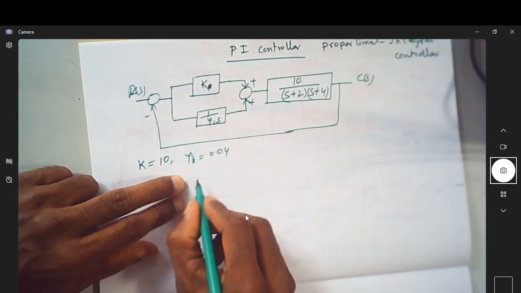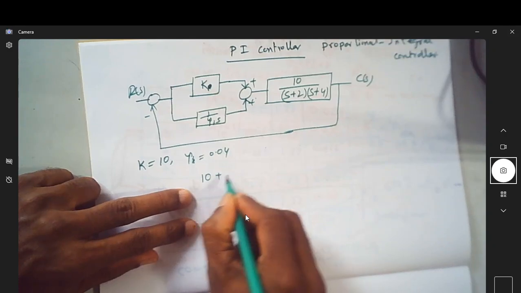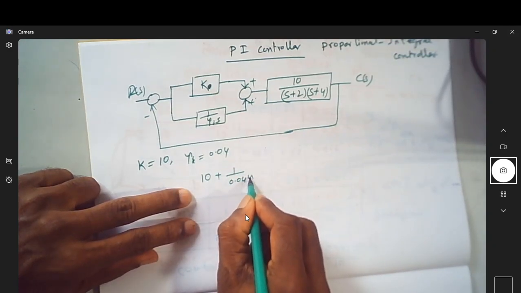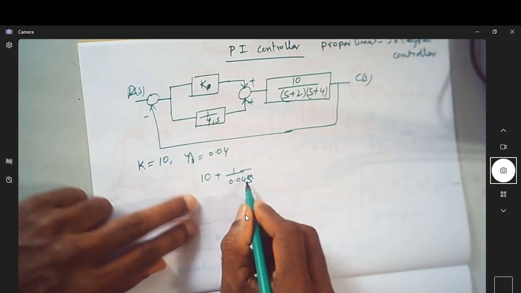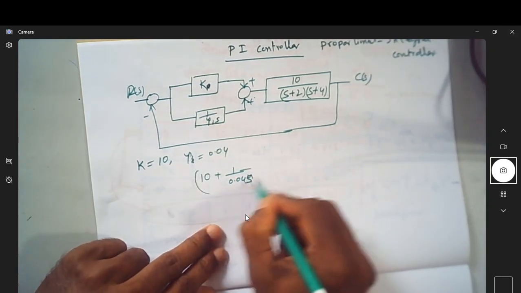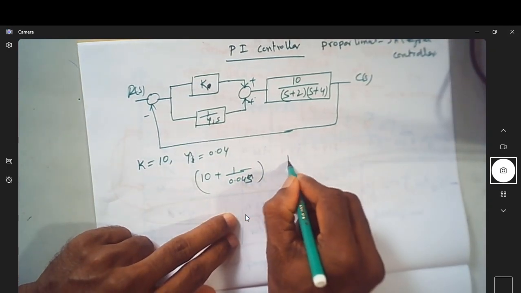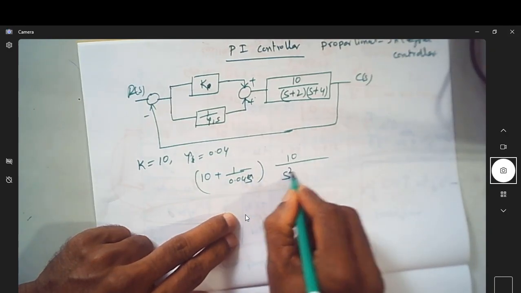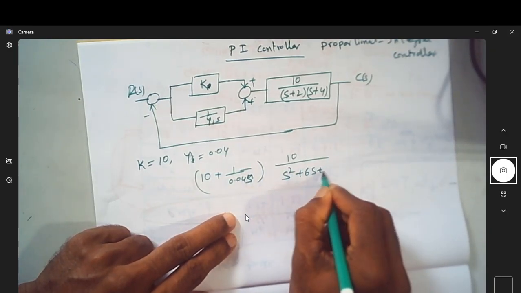So now let me do this. It becomes 10 plus 1 over 0.04. Yes, so this is my tau value, and this is multiplied by 10, into, of course, 1 over s square plus 6s plus 8.